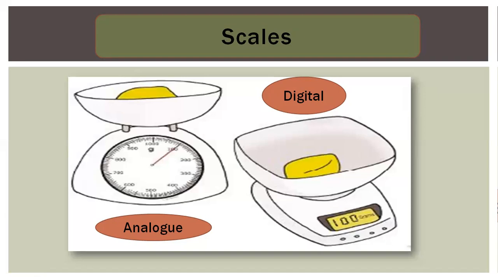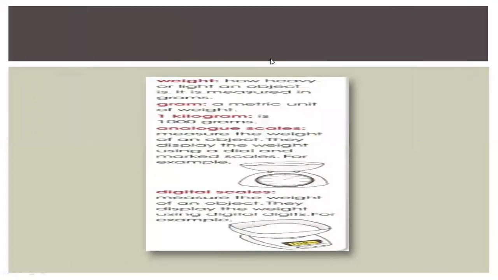So sometimes we can make a mistake while checking it. But on digital scale, it is very easy. You just put the things on, and the grams or kilograms, the weight of the thing, will appear on the screen. You can just see the grams and weight of the things and note them down.